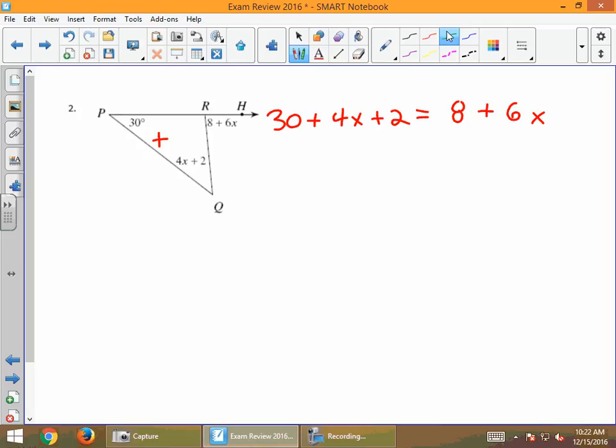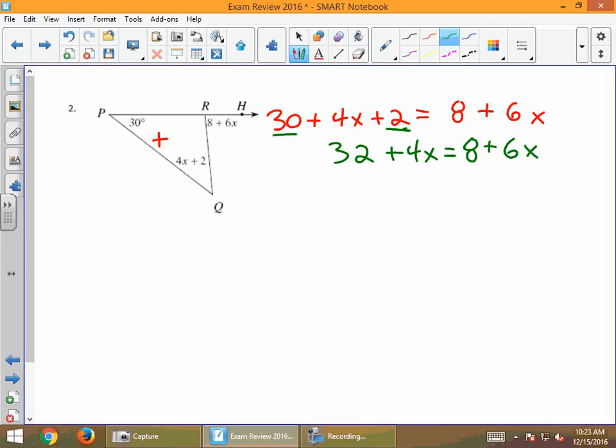Very intimidating. Well, not very, but quasi-intimidating. Got a long string of numbers and letters, but we always know the next step will be combining like terms. So these guys go together, and let's simplify this just a little bit. 30 and 2 give me a 32, plus 4x is still equal to 8 plus 6x.